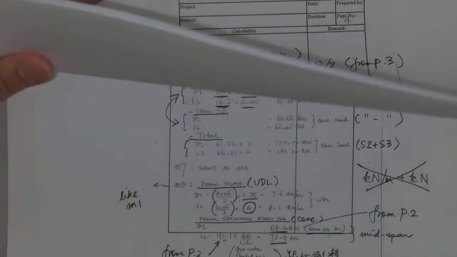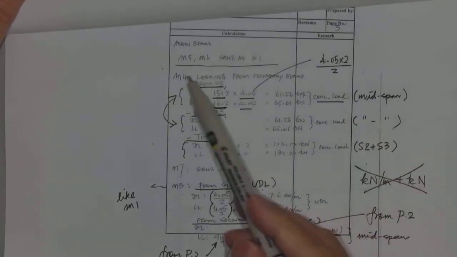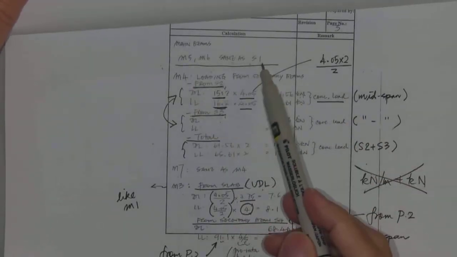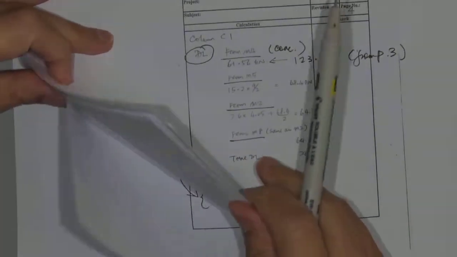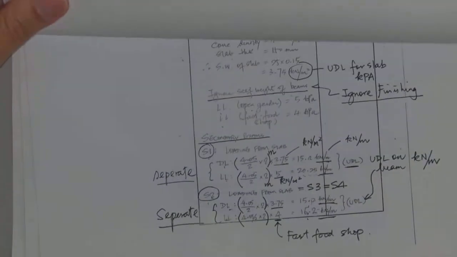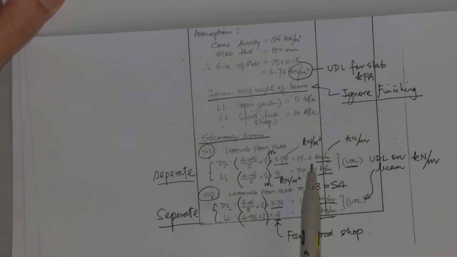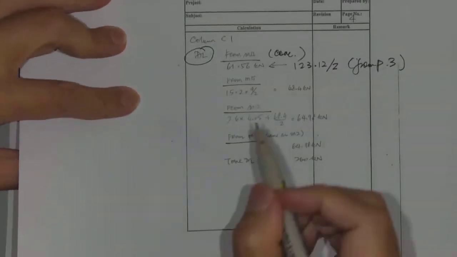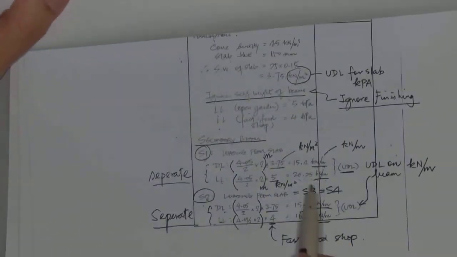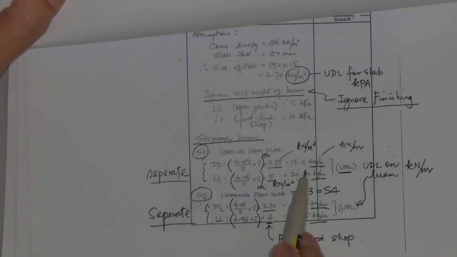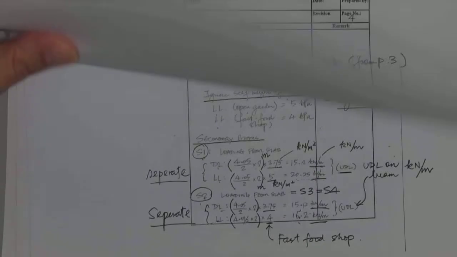M5, again, where's M5? M5 is the same as S1. Okay, so where's S1? S1, dead load, 15.2. 15.2, S1. Kilonewton per meter.